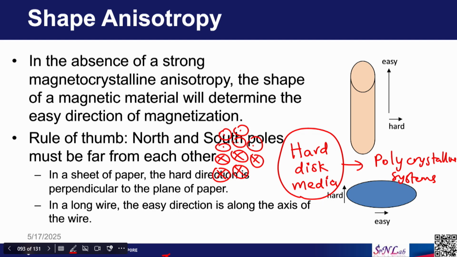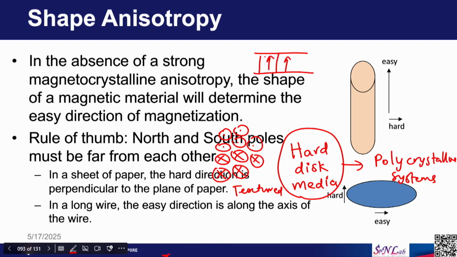And these are usually highly textured films. When I say textured films, we prepare the easy direction of these grains. Now I am looking at the cross-sectional point of view.